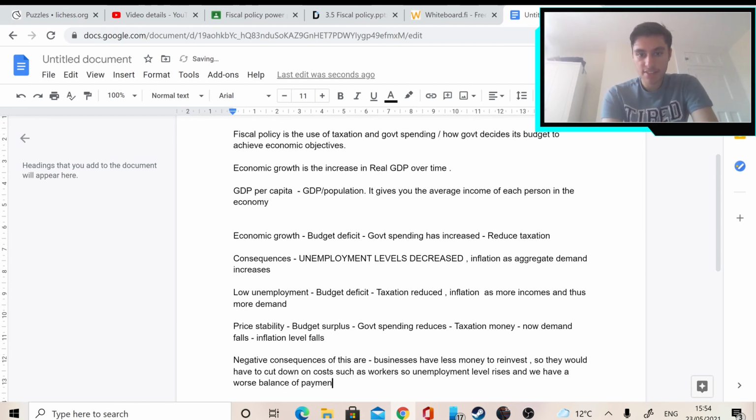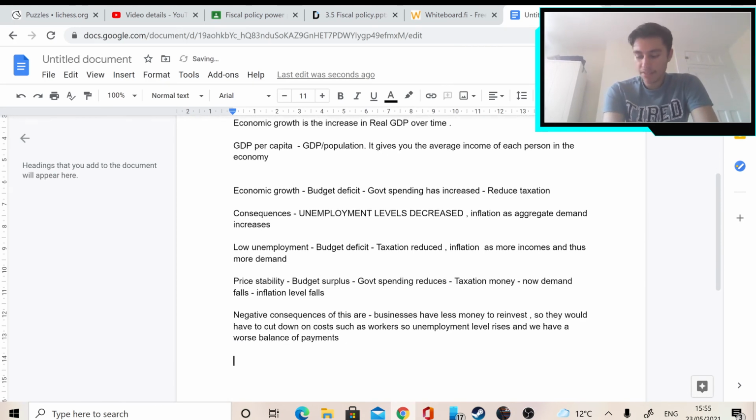Finally, if you want a healthier balance of payments, then you would tend towards a budget surplus as well.